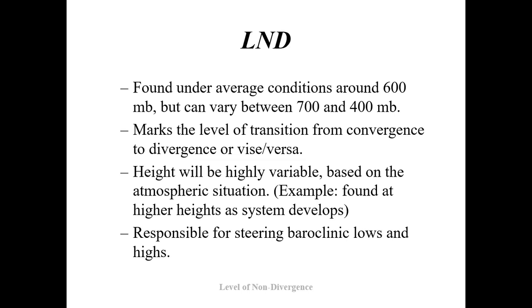We talked in the last training session about the difference between baroclinic and barotropic, remembering that baroclinic is associated with mid-latitude systems here in the United States and changes in air masses for sure. Fronts, low and high pressure systems, and vorticity are all associated with baroclinic systems in the atmosphere.